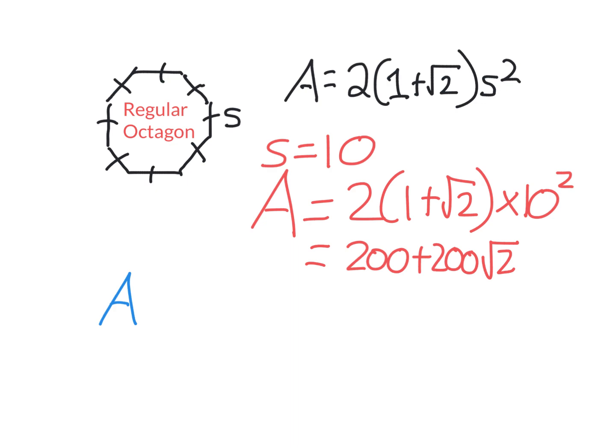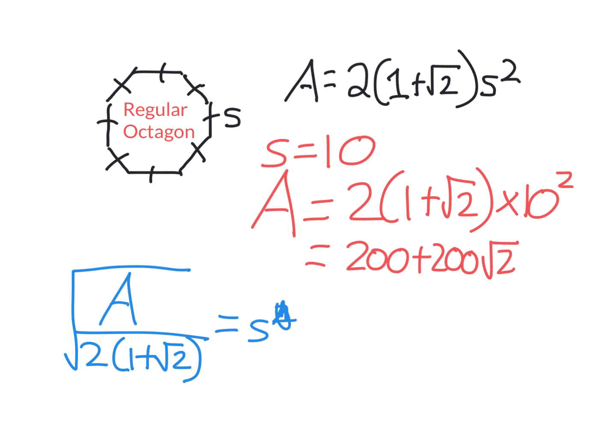So if I want to get s squared by itself, I can just take A and divide by this number. So A divided by 2 outside of 1 plus root 2 equals s squared. And of course, if I want to get s by itself, I just simply square root both sides. So this is a formula allowing me to find the side length if I know the area.